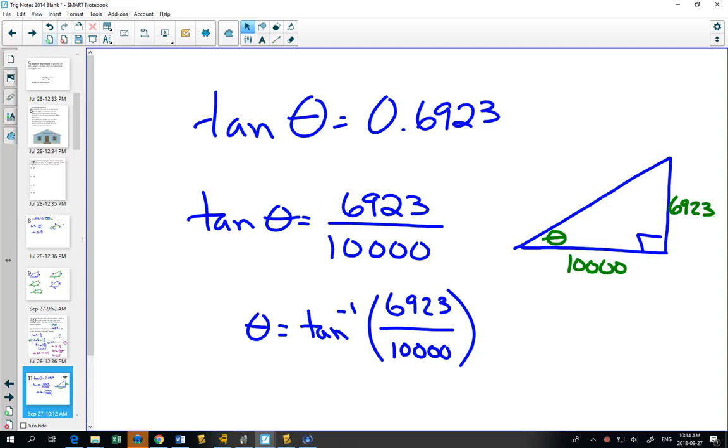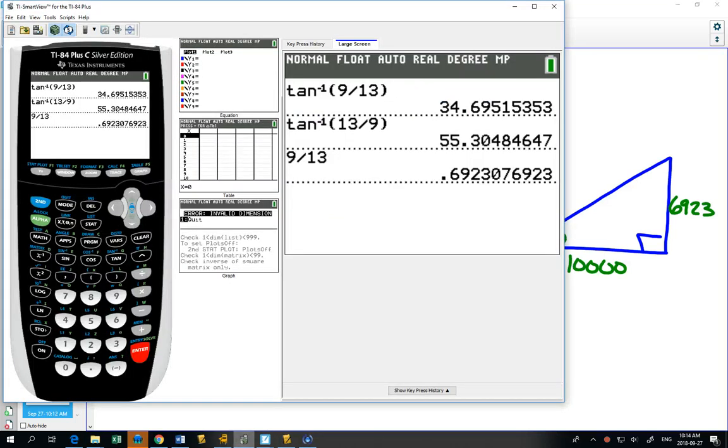Mental math, okay? Based on what we did, you should be able to mental math this to 1 decimal place. If we really understand trigonometry, we could now do this with mental math. I'll show you the answer though. Okay?